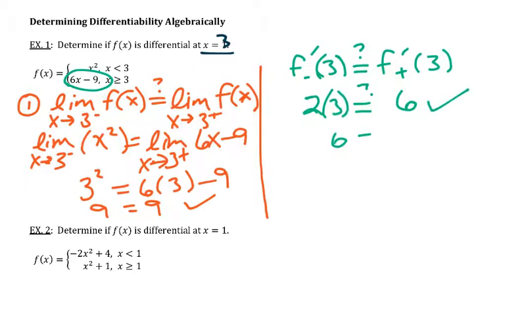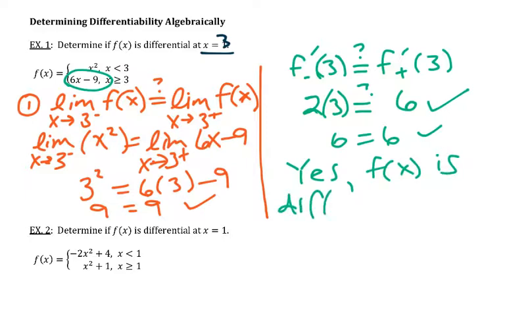And then, yes, the derivative is the same from the left and the right as x approaches 3. So we can say, yes, f of x is differentiable at x equals 3.